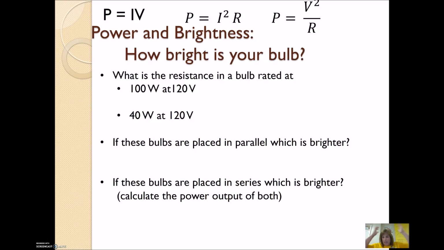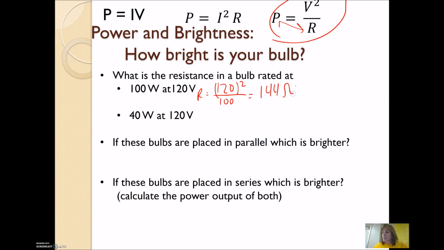So we're going to play a game actually in class called How Bright is Your Bulb? But just as a lead into that, let's take a look at the resistance for a bulb that the manufacturer makes to be 100 watts for 120 volts. Well, we're going to use this power equation. So we're going to take 120 squared and divide by, if we rearrange these, we're going to put the power on the bottom because we're going to solve for R, 100, and we get that it's a 144 ohm resistor.